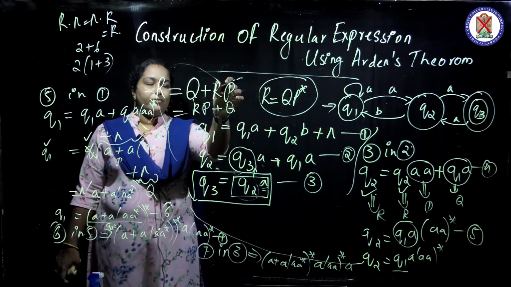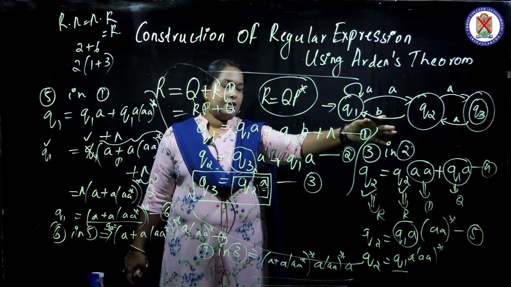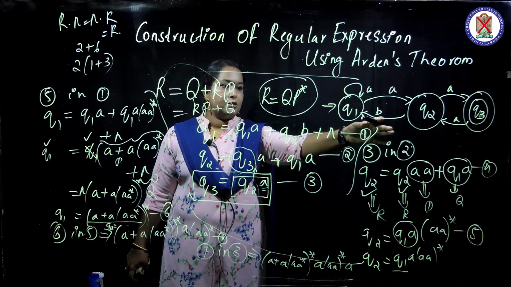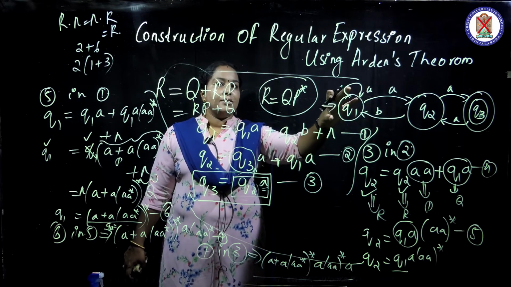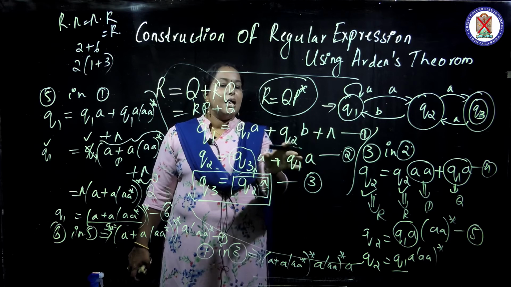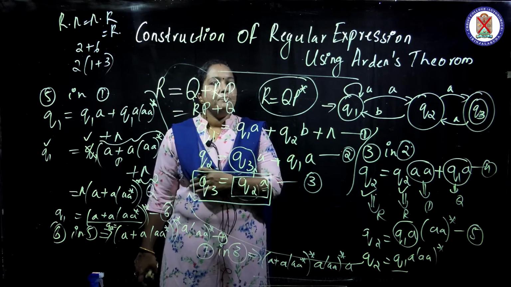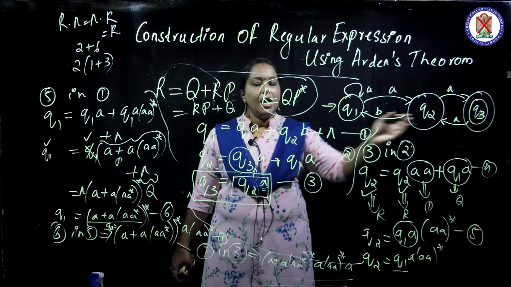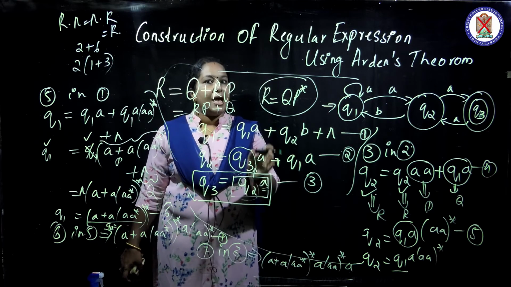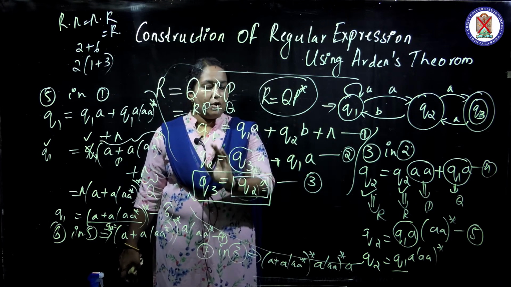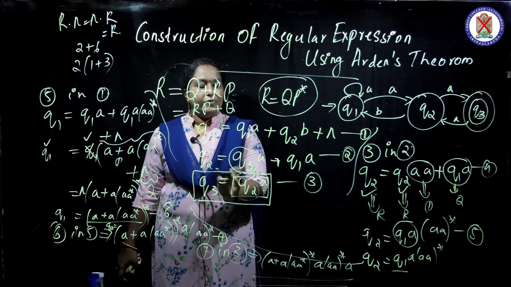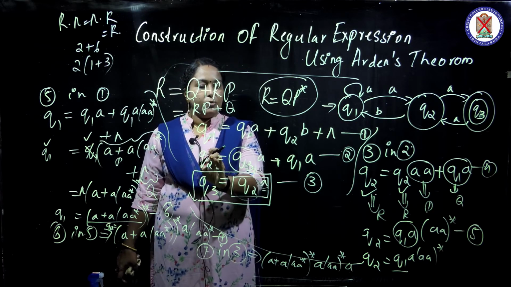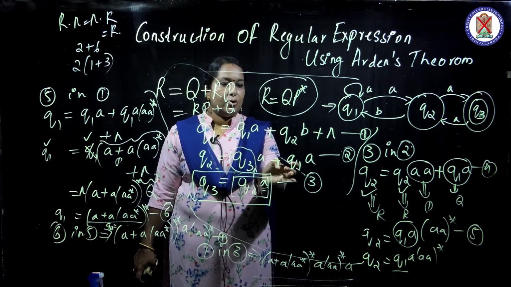Once again I will say, when you get a deterministic or non-deterministic automaton, first write the equations for the states and then see for the final state, Q3, whether it can be simplified as such. No, because it contains a non-terminal. Again, when that non-terminal is looked up, it contains another non-terminal.